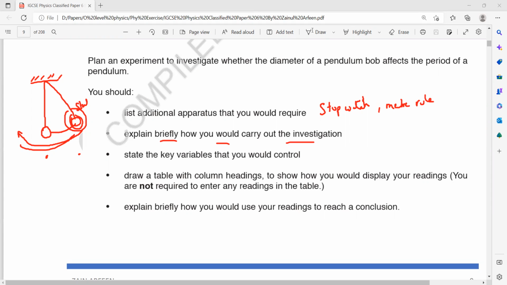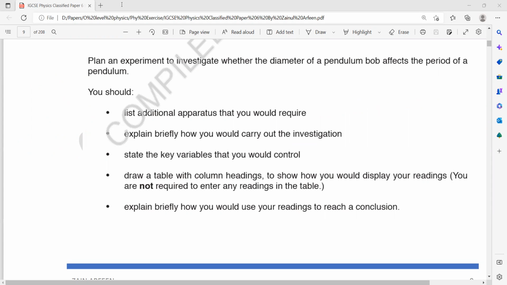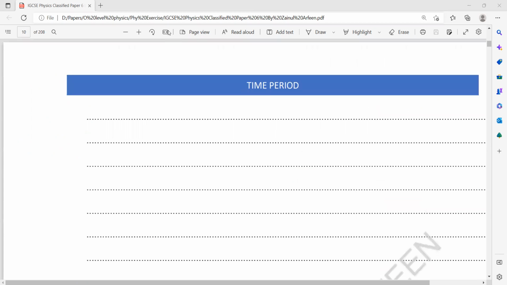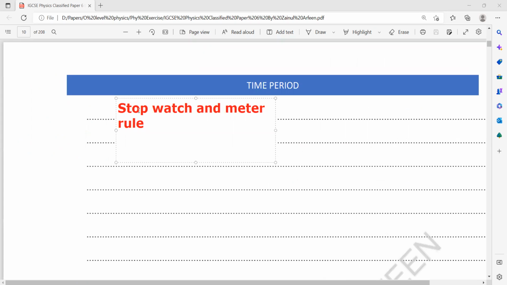So for the procedure, the first point was to use a stopwatch and the meter rule or meter scale. And the second, the procedure: measure the length of the pendulum, because we need that the same for all.